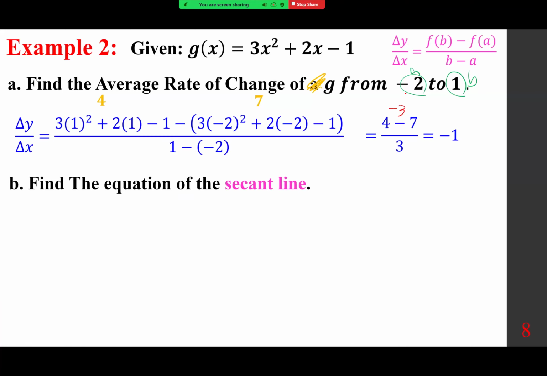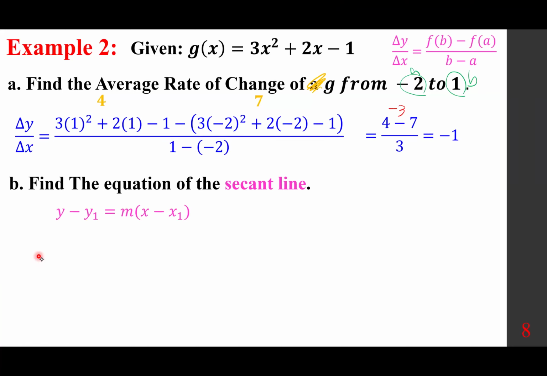Find the equation of a secant line. That means we are going to use the point-slope form, y minus y1 equals m times x minus x1, with a pair (x1, y1).